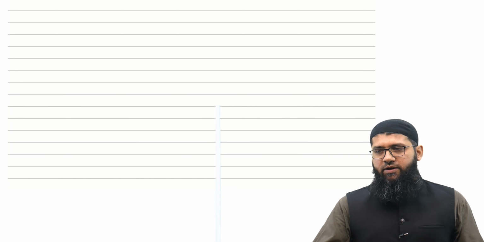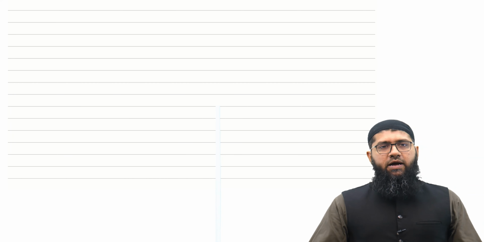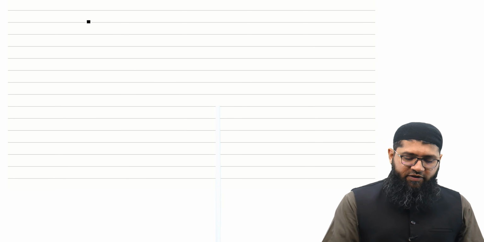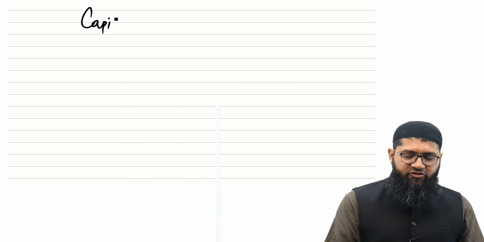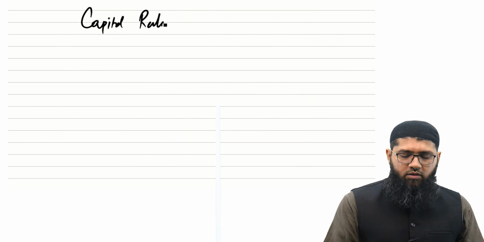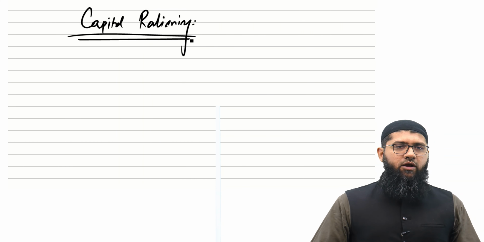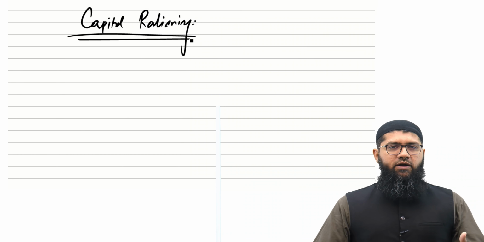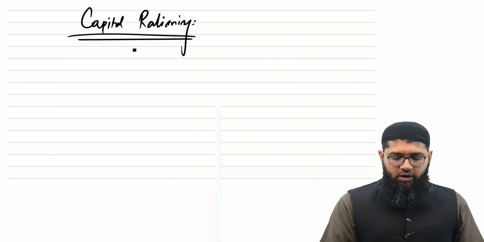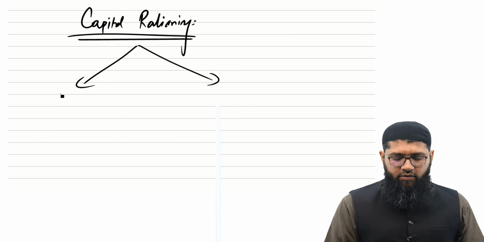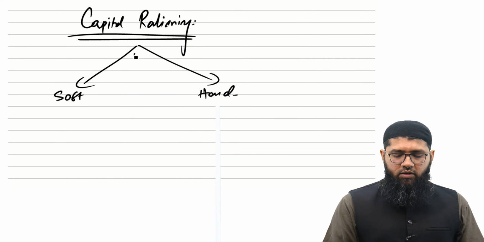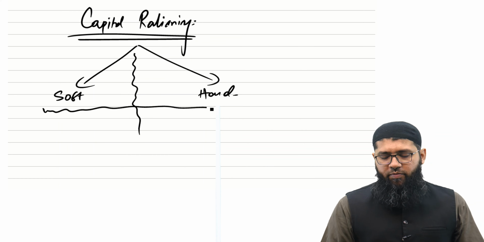Now, what next is there? The next aspect we have is capital rationing. What is this capital rationing all about? There are different types of capital rationing. It could be soft, or it could be hard.